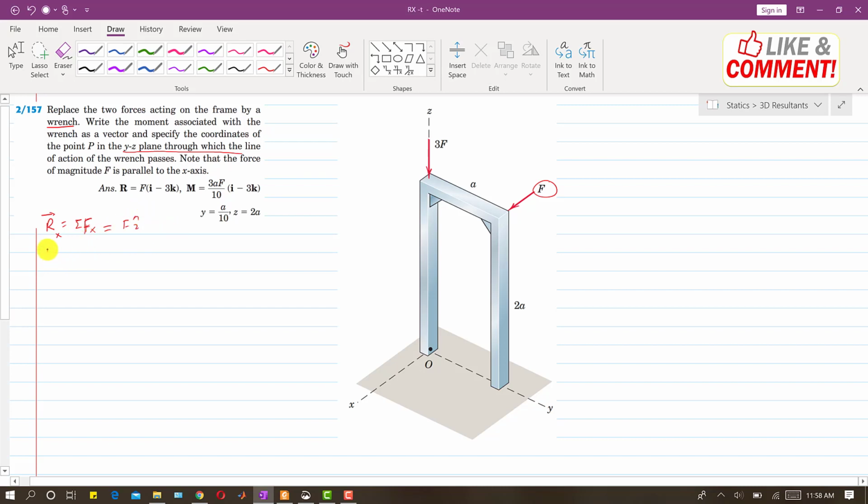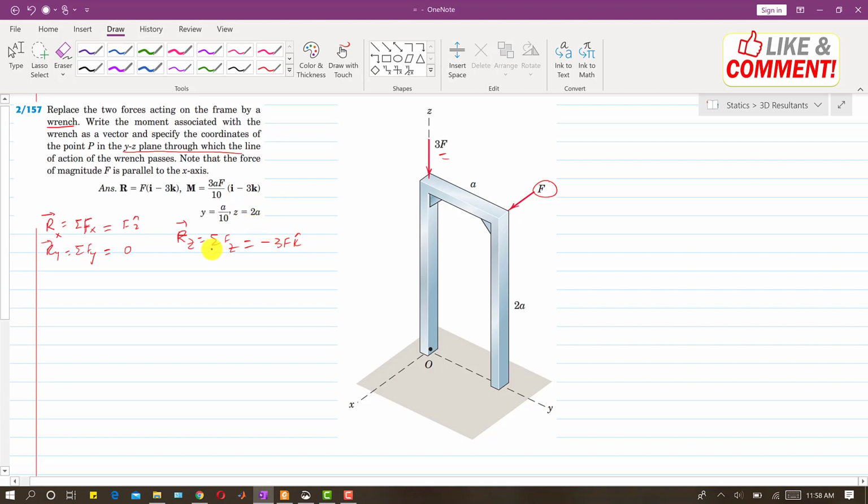And if you want to find the Ry component, we will sum up all the forces in the y direction. Since there is no force in the y direction, this will be equal to 0. And to find the Rz component, we will add up all those forces acting along z. So only this 3F force is acting in the negative z direction, so I will write minus 3Fk.